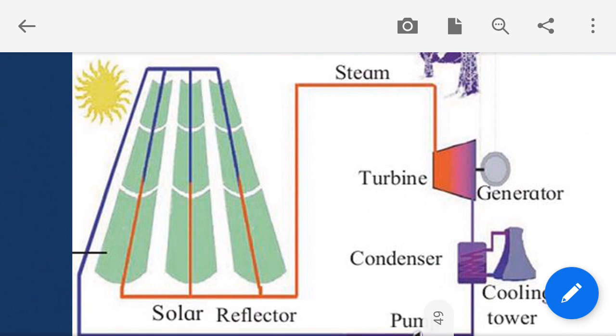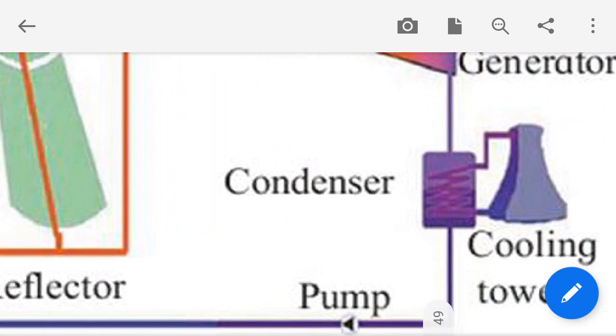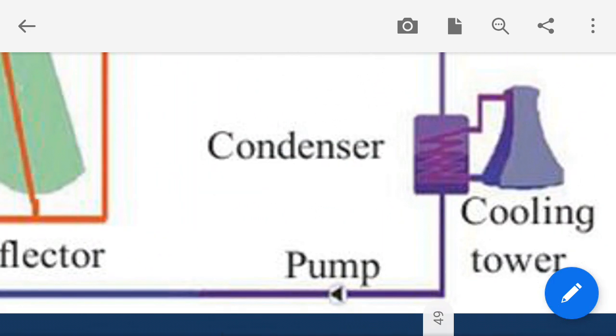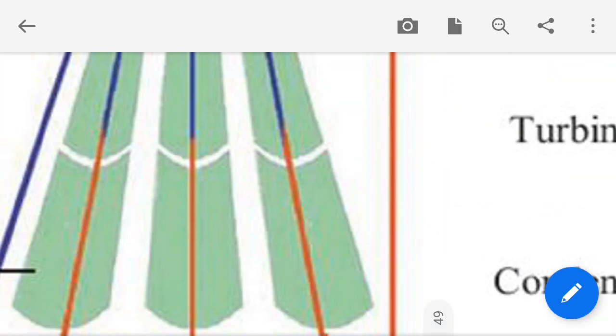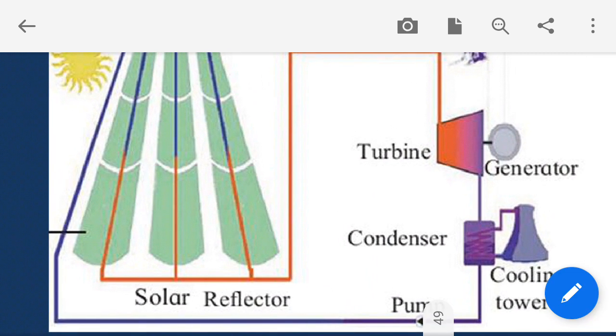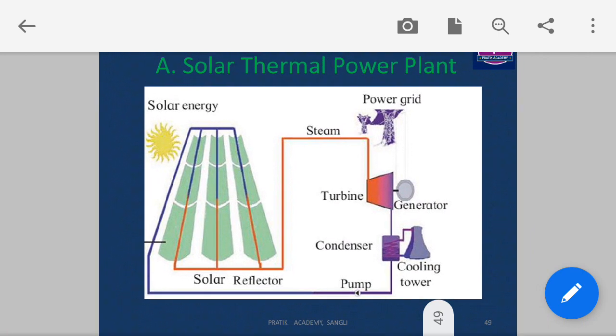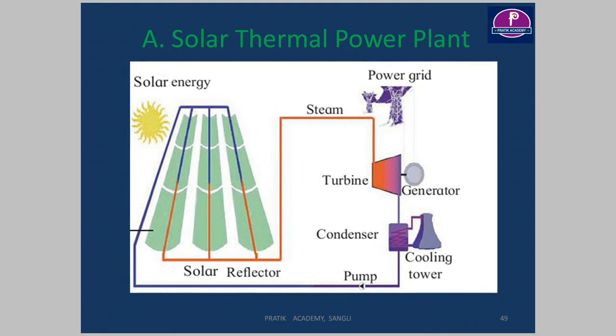In the diagram, the blue line from the outlet of the condenser to this midpoint indicates water at low temperature, and when this water absorbs heat from the reflector plates, it is converted to steam, which is indicated by the red color. So this is the working of solar thermal power plant.